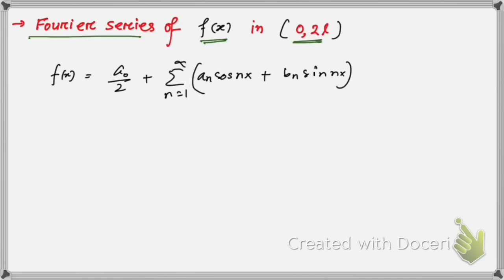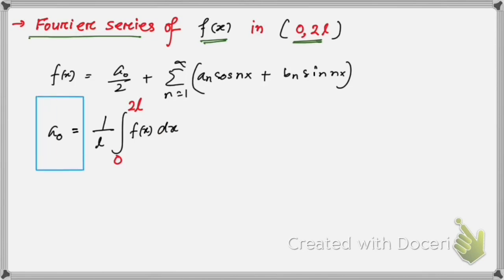So here a naught will be equal to 1 by L integration 0 to twice L f of x dx. Hope you have understood this.